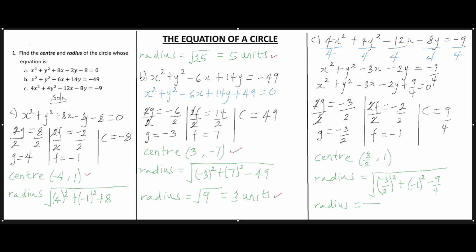The whole of this is giving me 1. So we have square root of 1. And then the square root of 1 is simplified as 1. So the length of the radius here is 1 unit. So for circle C, its center is located at 3 on 2, 1. And then the radius is 1 unit long.